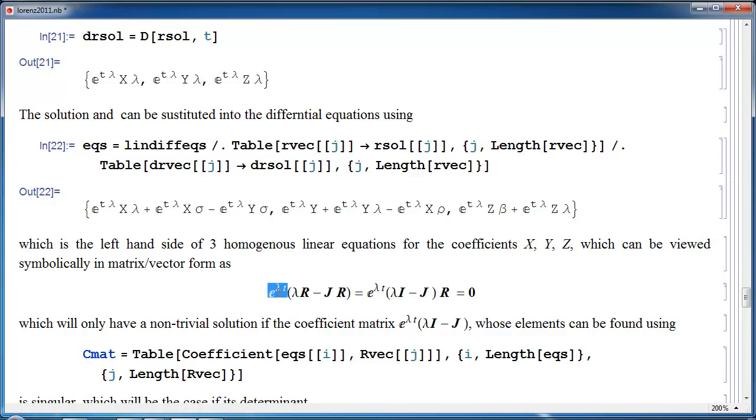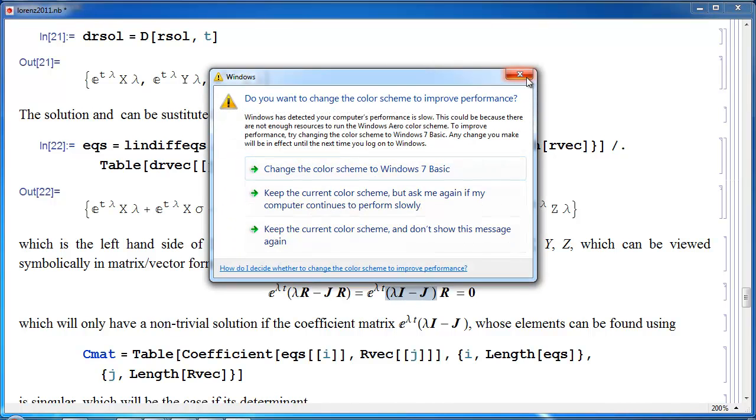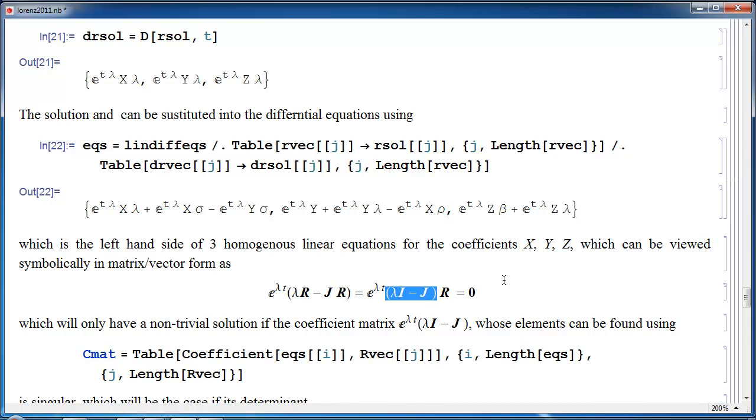It's e to the lambda t times lambda times the components of the vector minus the matrix J times R, and we can write lambda R as lambda times the unit matrix times R, and that factors nicely into that. So this will only have a non-trivial solution if this matrix is singular. So let's work out this matrix.